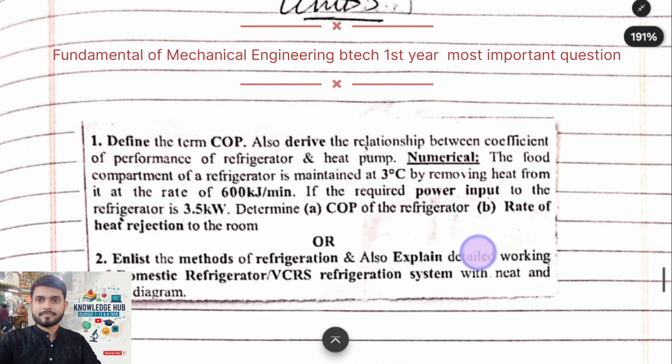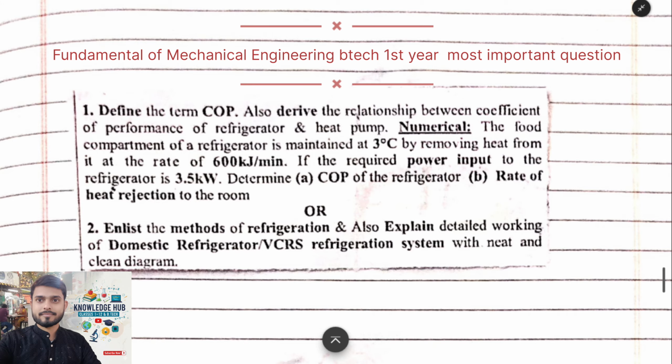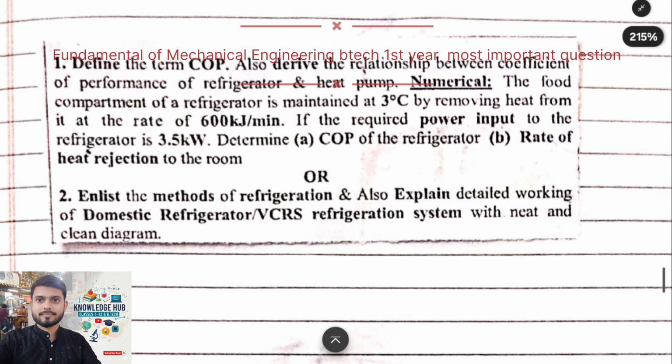Now we will proceed to Unit 3, the most important questions. The first one is: define the term COP. Also derive the relationship between the coefficients of performance of a refrigerator and a heat pump. Next, the food compartment of a refrigerator is maintained at 3 degrees Celsius by removing heat from it at the rate of 600 kilojoule per minute.